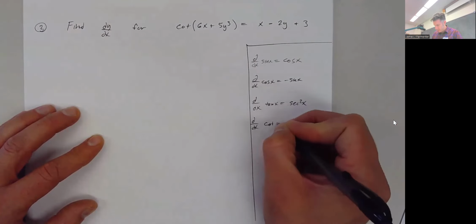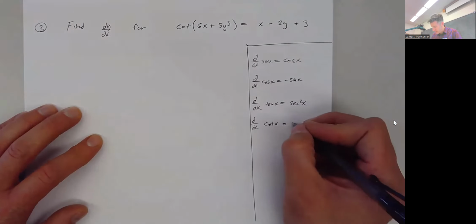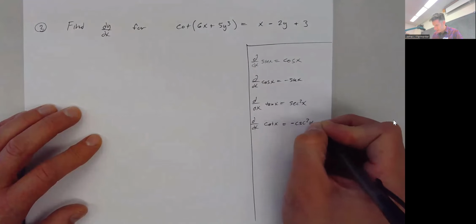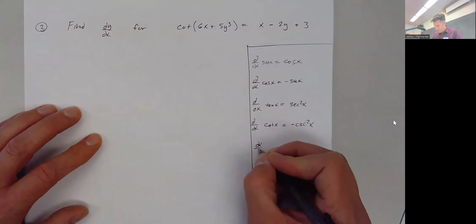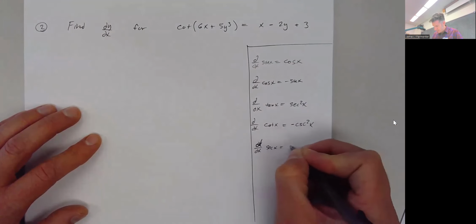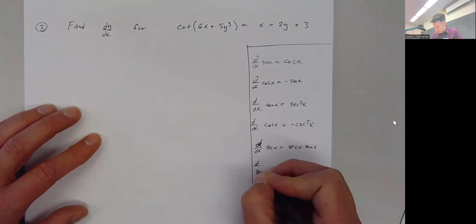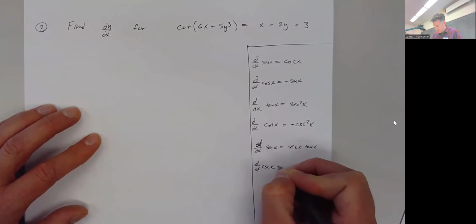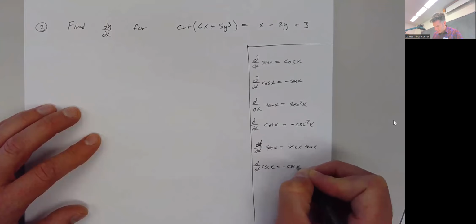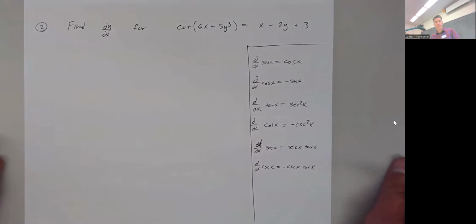The derivative of cotangent of x is, you should already be saying it in your head, negative cosecant squared of x. Derivative of secant of x is secant of x times tangent of x. And the derivative of cosecant of x better be negative. It's negative cosecant of x times cotangent of x. Get those down. Got to memorize them.